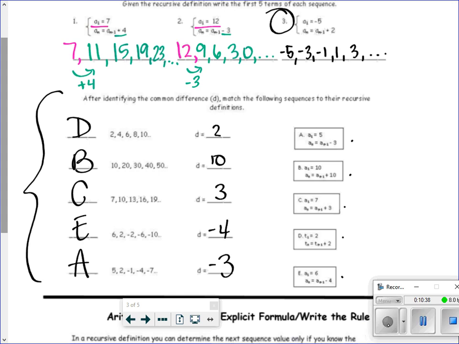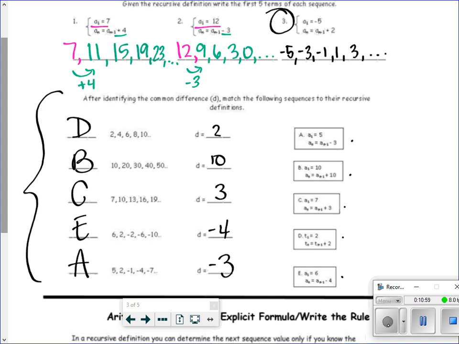Okay, so checking your answers. The sequence you filled in was -5, -3, -1, 1, 3. And then your matching goes D, B, C, E, A. Hopefully that went okay.